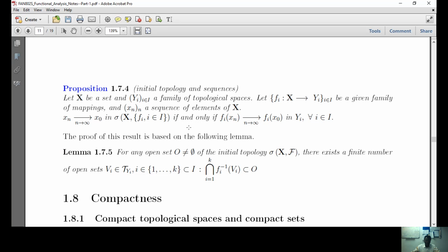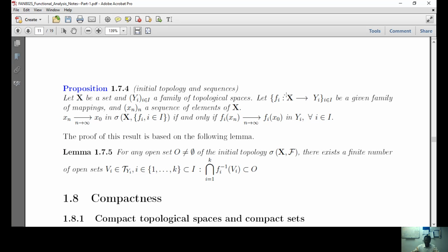Second proposition is about initial topology and sequences, where we are going to characterize convergence. Let X be a set and Y sub i a family of topological spaces. So X here is a set, not a topological space, but the Y sub i's are topological spaces.